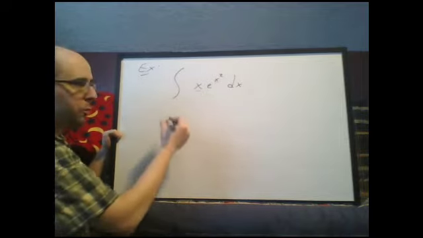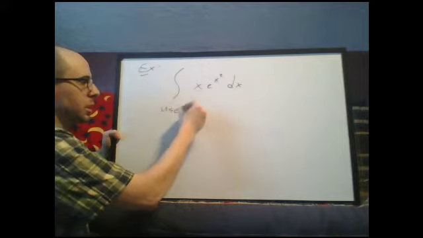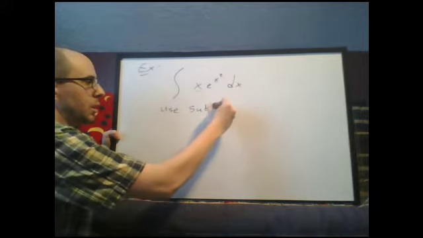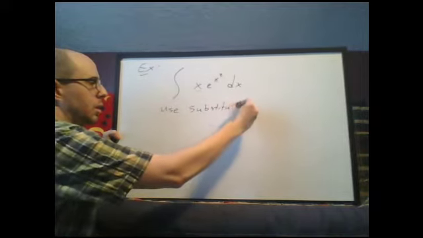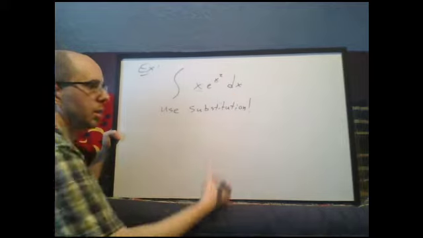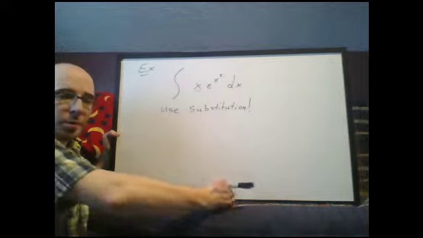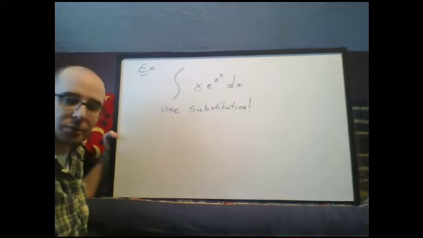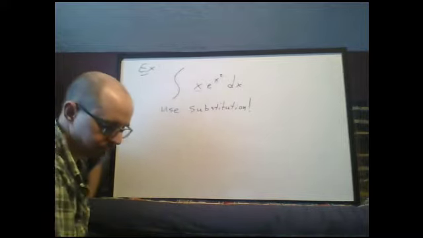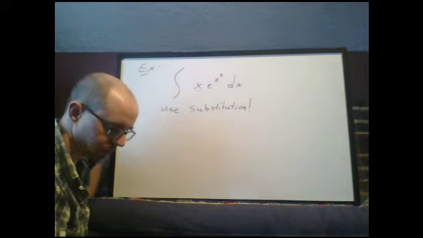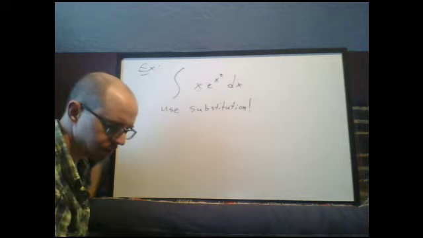So the right way of doing this is just to use substitution, not integration by parts. So before you jump, in this current section, 4.6, I lost track of 4.6.